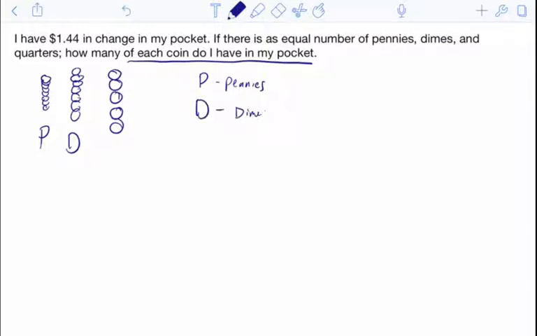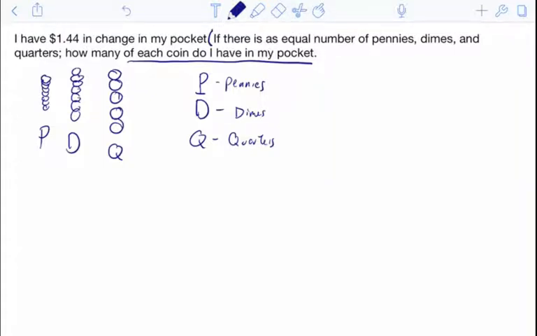I'm going to have trouble writing this. Okay. So I guess there are 3 variables. Weird.